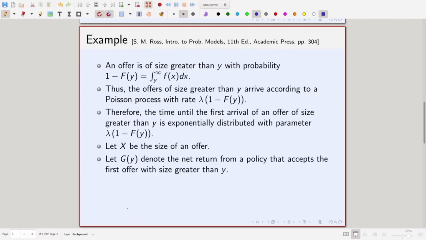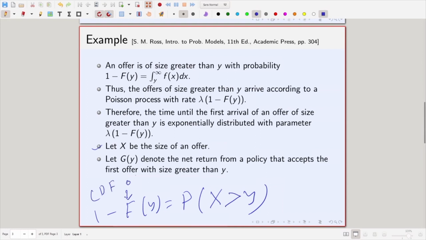If X is the size of the offer, then F(y) is the probability that X is less than or equal to y. So, 1 minus F(y) is basically the probability that X is greater than y.